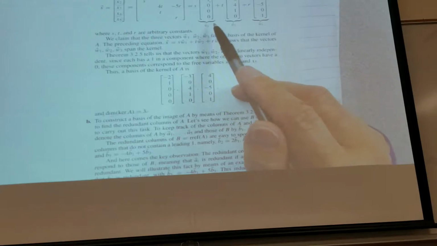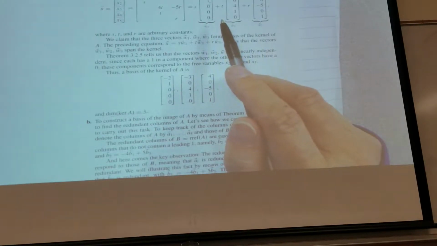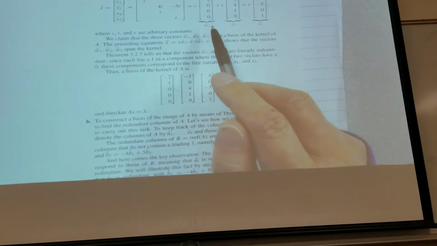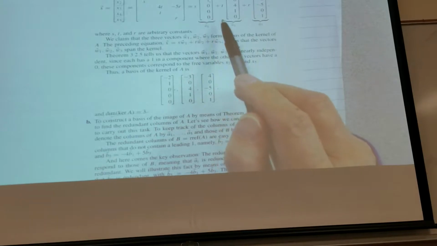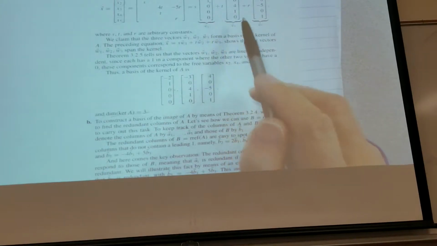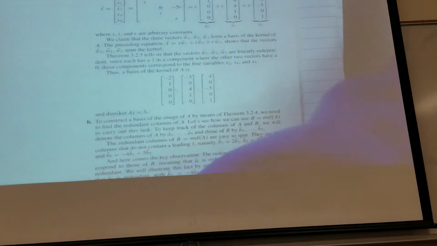Remember what we are doing? We are trying to find a basis for the kernel, right? So what we just did is we have identified that these 3 vectors without S, T, and R span the kernel. So let me write this down.